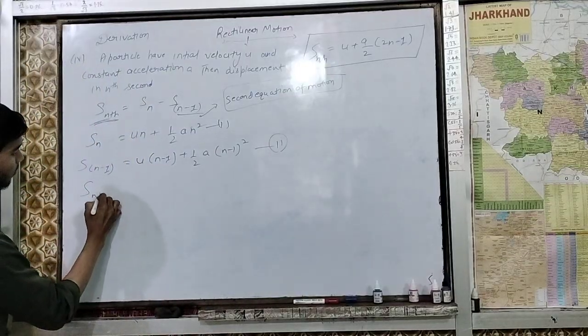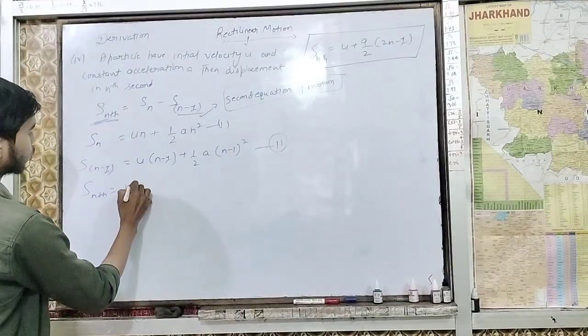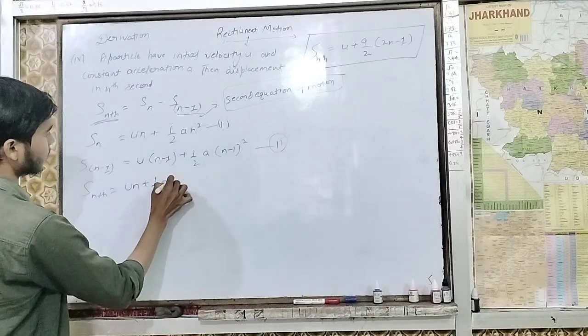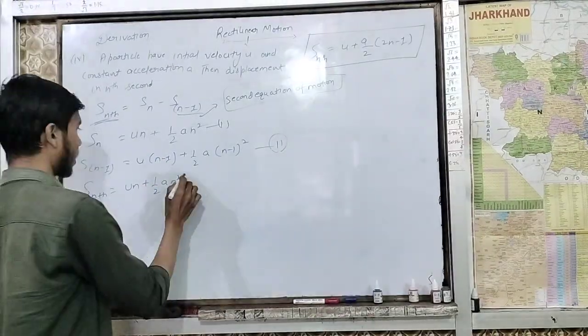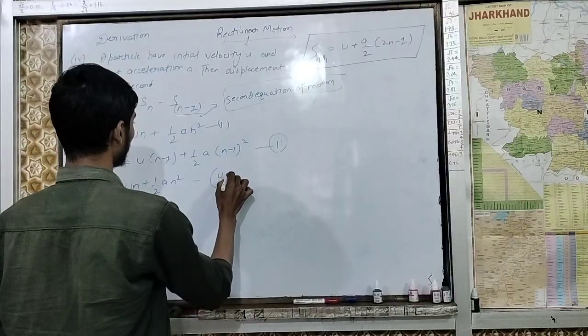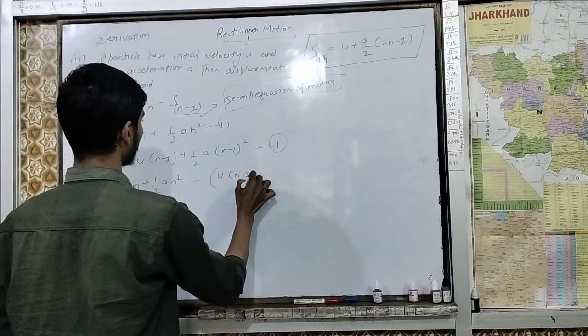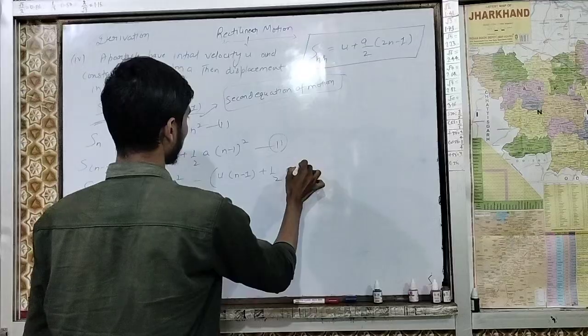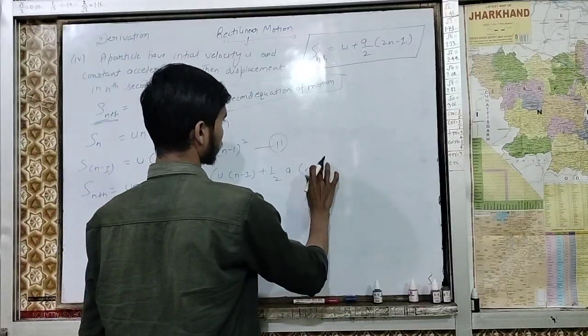So finally, Sn will be nothing but un plus half a n square, then minus u(n minus 1) plus half a (n minus 1) square.